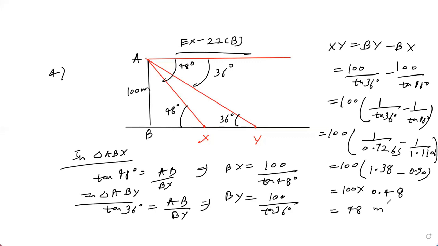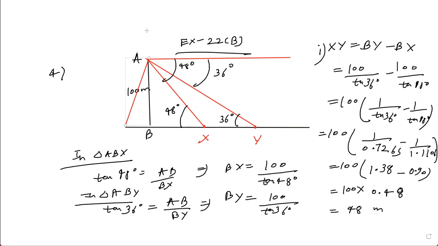Okay. Now, the second case is different. The second case is basically when the ships are on the either sides, on the opposite sides, right? So in that case, let me consider that this Y ship is on this side, right?